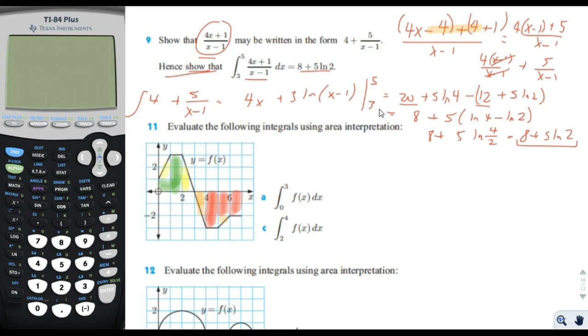Okay. Now let's figure out A. So it says from 0 to 3. So that would be the integral, or the area, from here to here. We have 4 whole squares, plus we have 1, 2, 3, 4, 5 partial squares, which are all triangles.